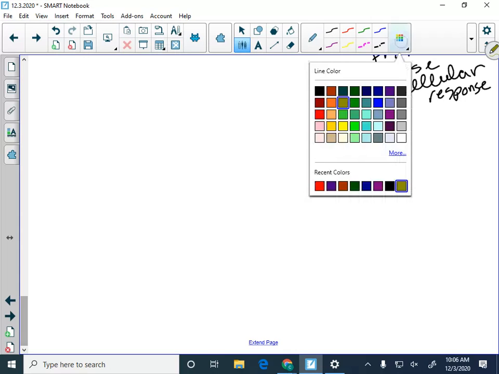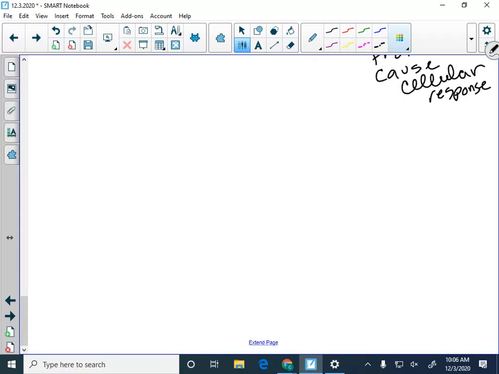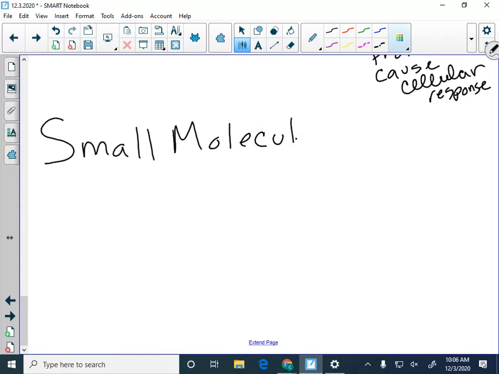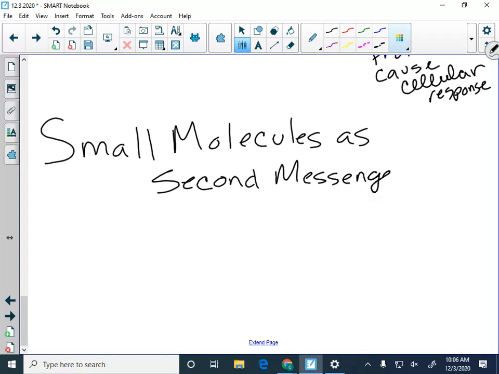Small molecules as second messengers. Not all components of signal transduction pathways are proteins.